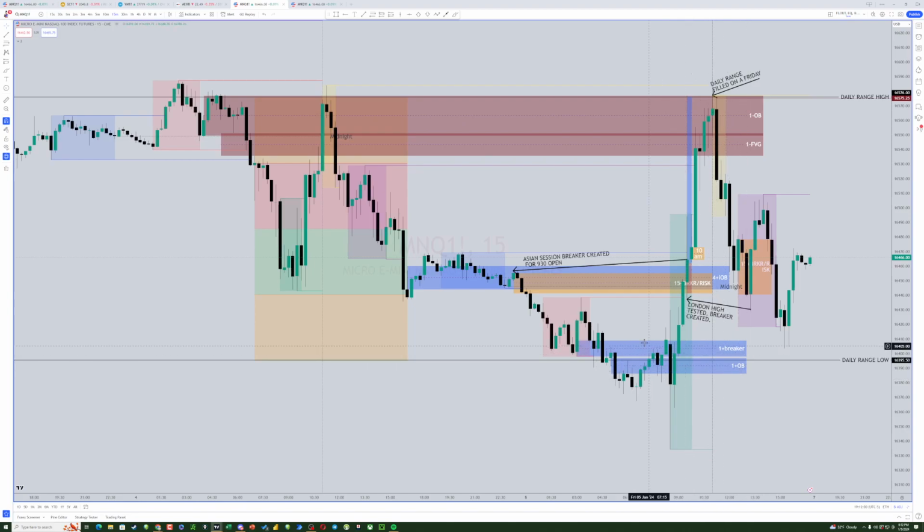So I want to point out as I'm walking through this, what I'm focused on is the 9:30 time frame. What you actually see here is the session get all the way above my Asian breaker that was created for the 9:30 open.